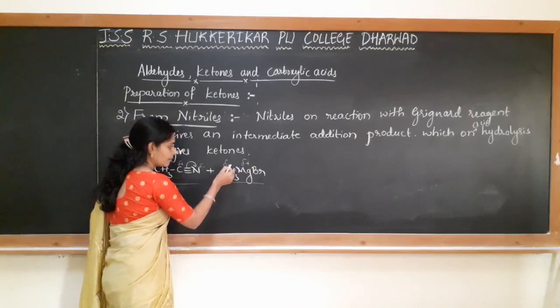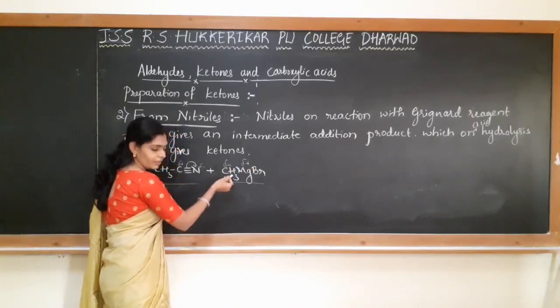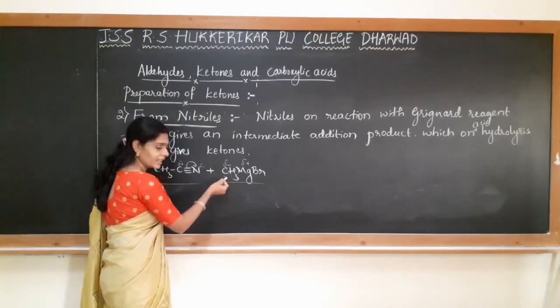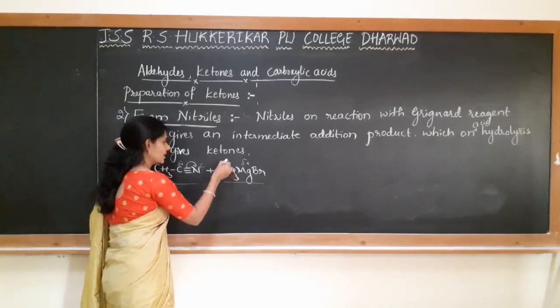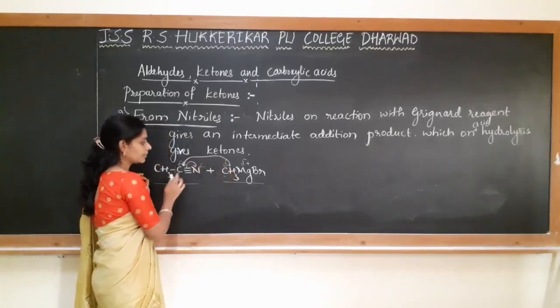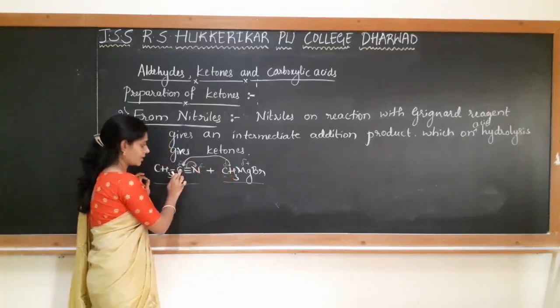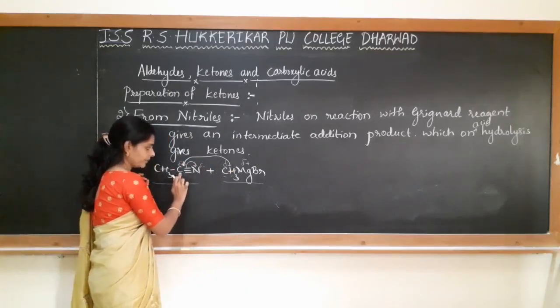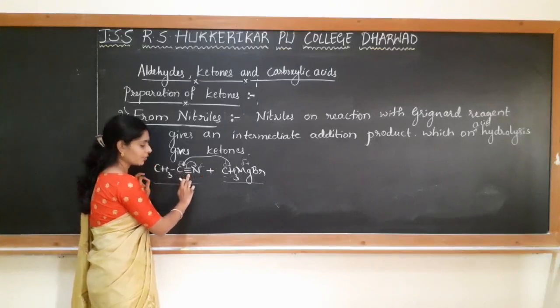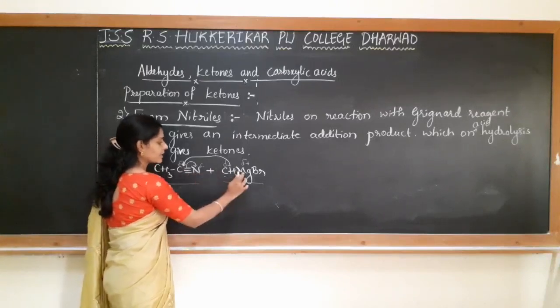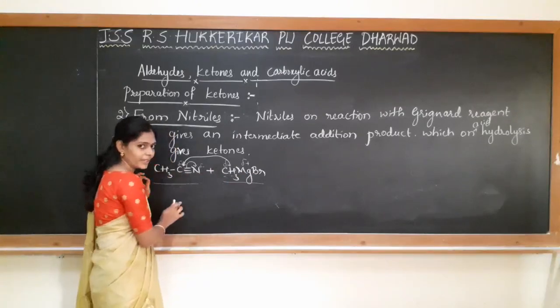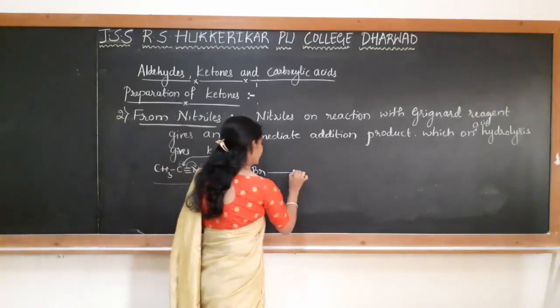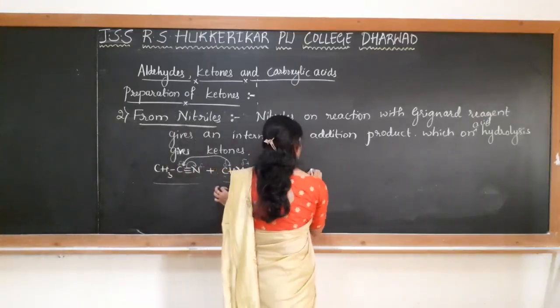So this is a carbanion which is generated in the Grignard reagent. This goes and attacks the carbon which carries the positive charge. So the CH3 group goes and attaches to the carbon, the triple bond is converted to a double bond, and nitrogen is connected with the MgBr part. So you are getting the intermediate addition product of this manner.